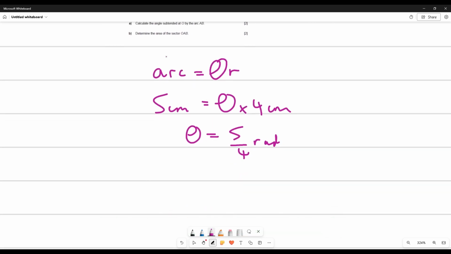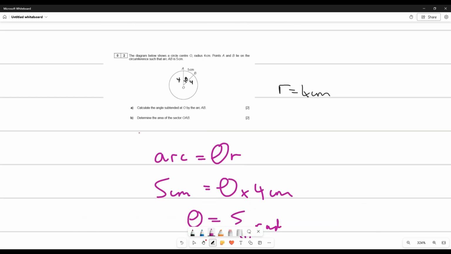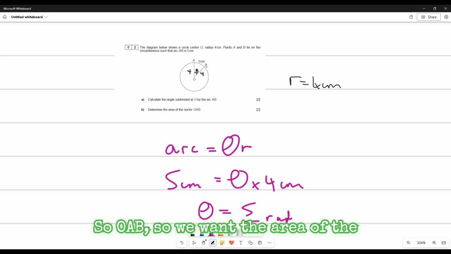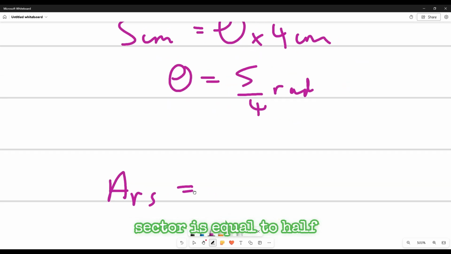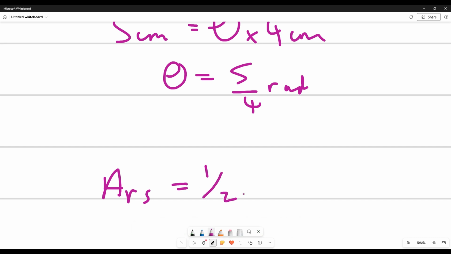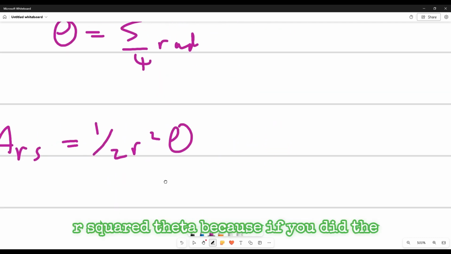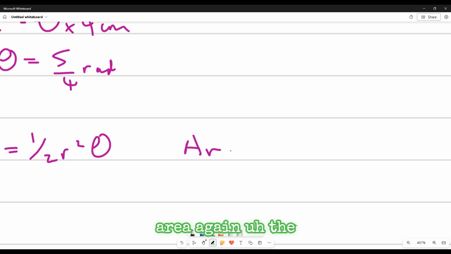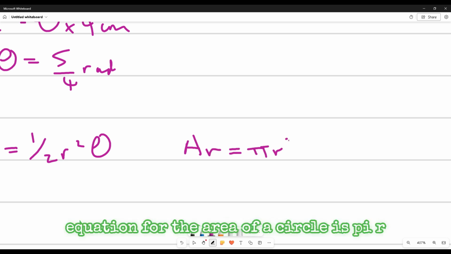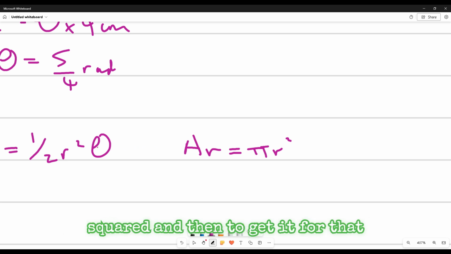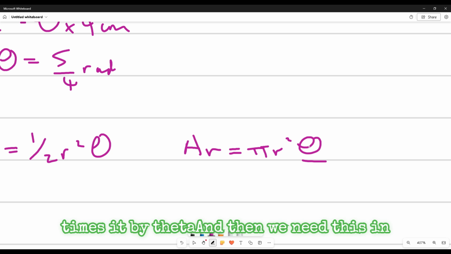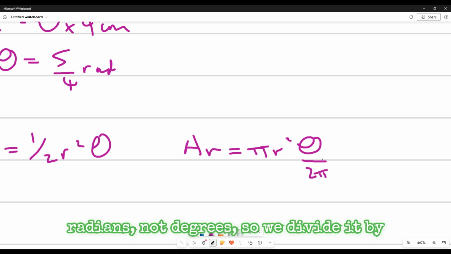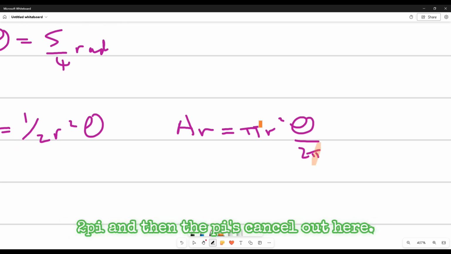And then we've got b, determine the area of the sector OAB. So we want the area of the sector. If you remember, the area of a sector is equal to half r squared theta, because the equation for the area of a circle is pi r squared, and then to get it for that specific angle, we need to times it by theta, and we need this in radians, not degrees, so we divide it by 2 pi, and then the pi's cancel out here.